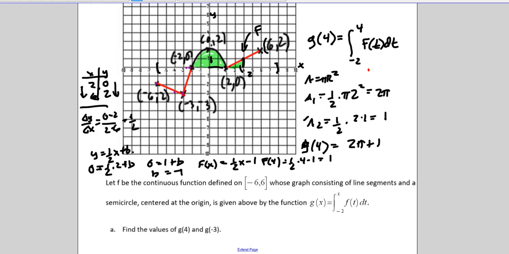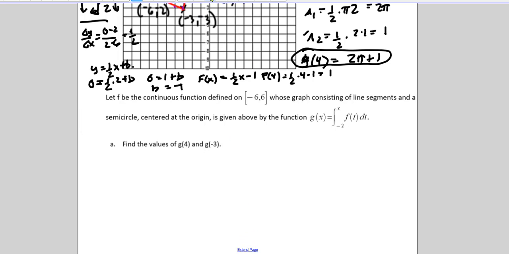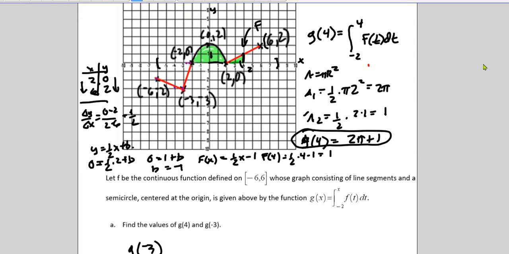Anyway, let's continue. So we now know that g of 4 is 2 pi plus 1, because the area of this triangle was 1 and this semicircle area was 2 pi. So now let's find g of negative 3. Well, g of negative 3 is going to be the accumulation function from negative 2 to negative 3 of f of t dt.